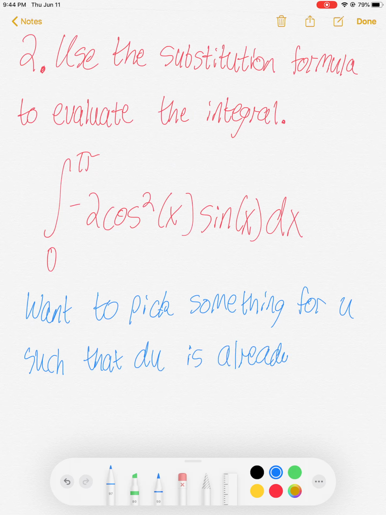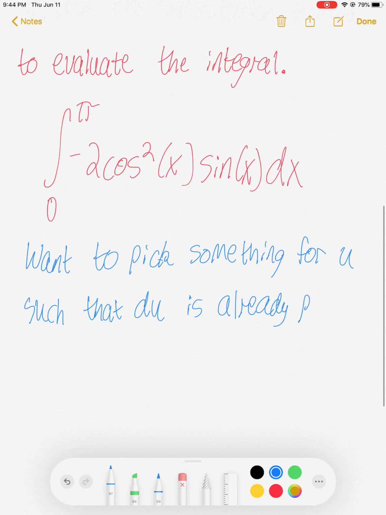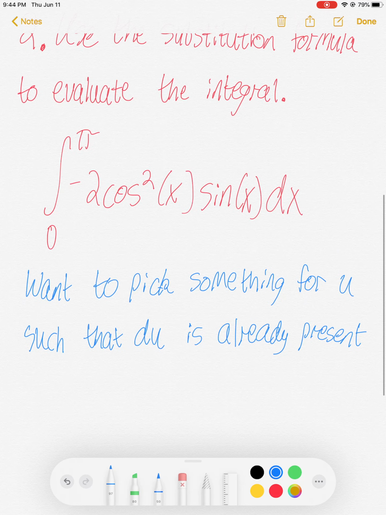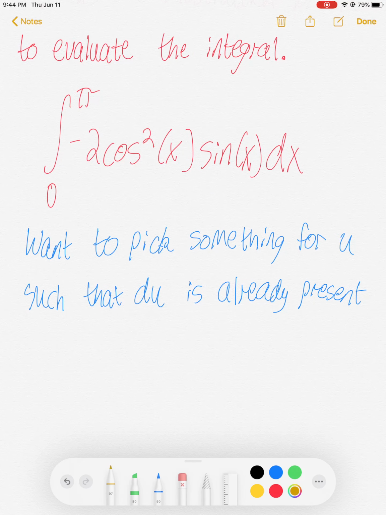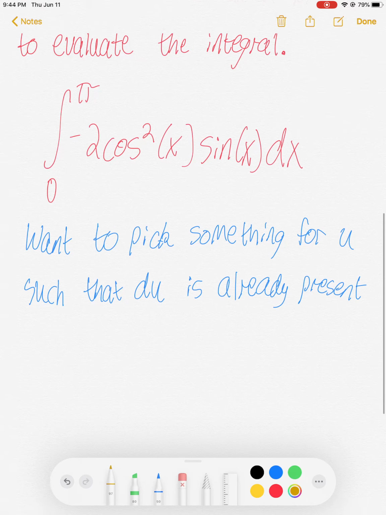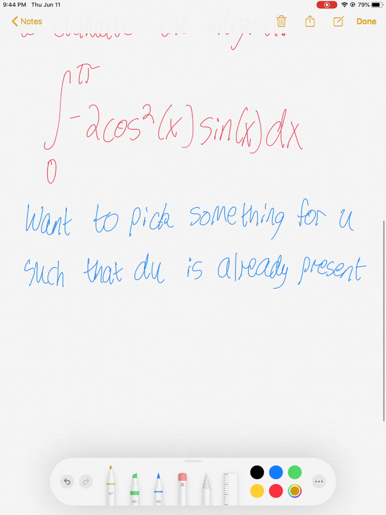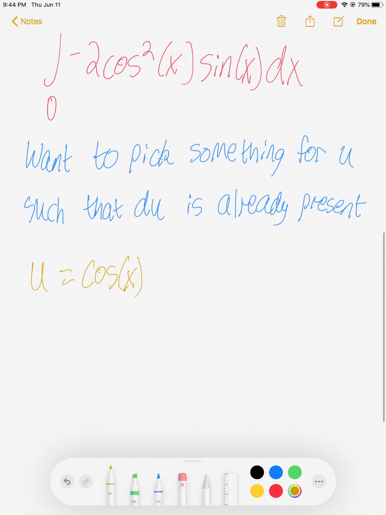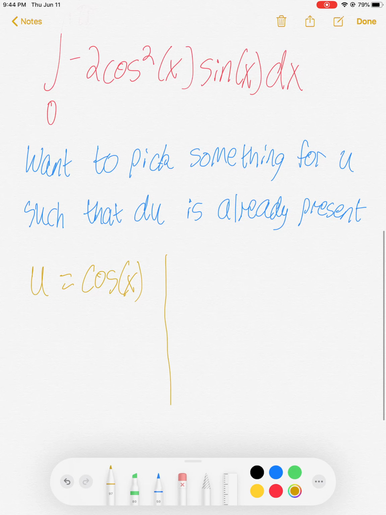So big picture, whenever we make a u substitution, we want to pick something for u such that du is already present. Right, that's ideal. Again, as we saw last time, that isn't always going to be the case, and things don't always work out that nicely.